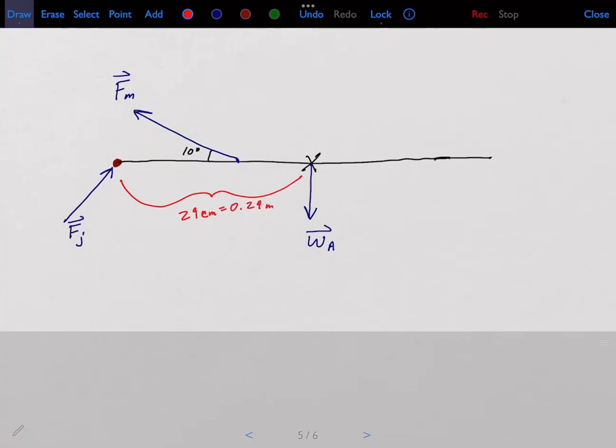And the distance from the shoulder joint to where the tendon of the muscle attaches is 19 centimeters. So this right here would be 19 centimeters, which is 0.19 meters.